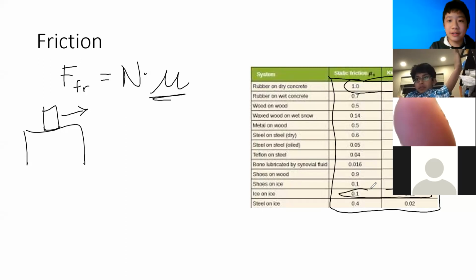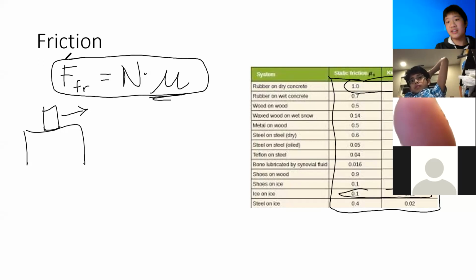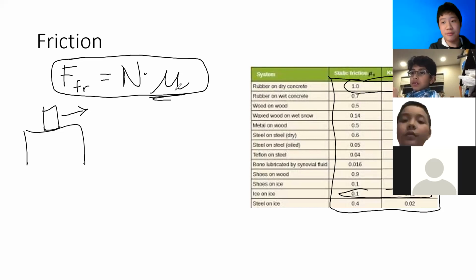So the larger the mu, the larger our frictional force, and that's given in this equation here. A lot of people think that instead of writing the normal force, they could write mg, the weight. But it's really dangerous to write that because there's also a lot of lifting and pushing down that could be applied to this object. So we have to use normal force times the mu.